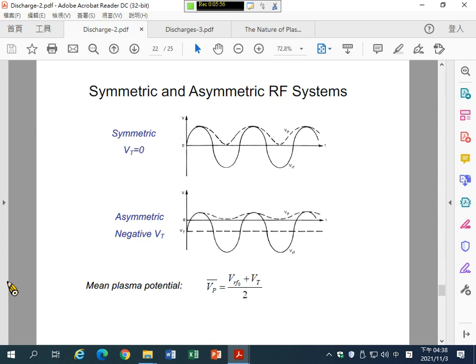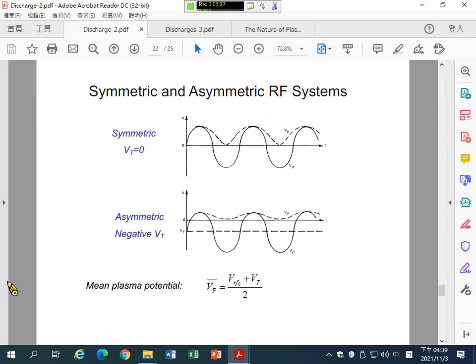Okay, so the sheath voltage might be, for example, higher than 1,600 volt if your RF output voltage is 1,000 volt, plus minus. But in this half cycle, the RF hot electrode here will not experience a very, very high negative bias. Okay, so this is an asymmetrical system.